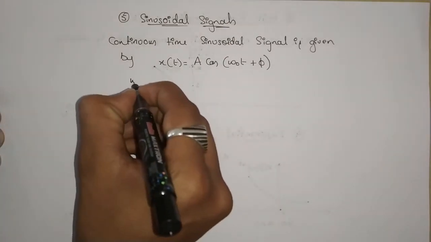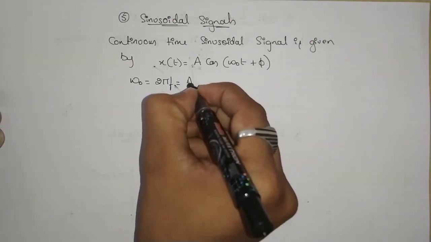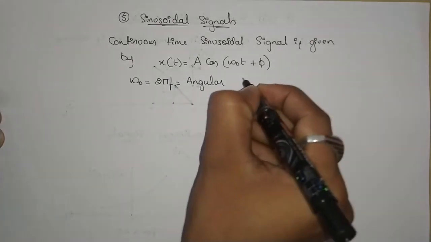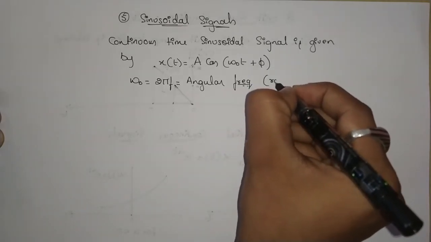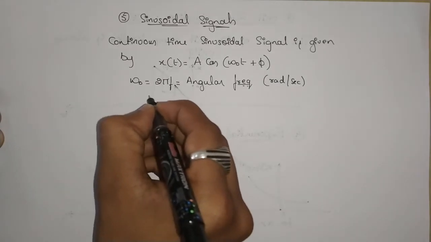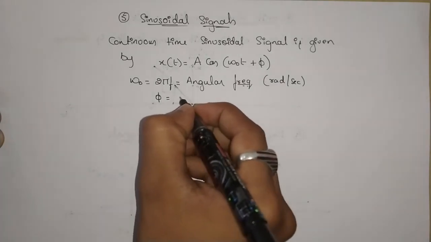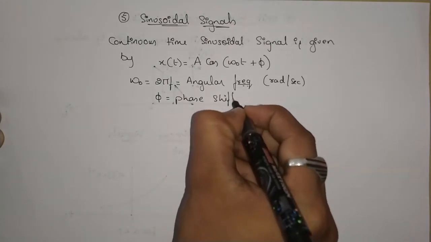where omega naught is equal to 2 pi f. We call it angular frequency, which is in terms of radian per second, and phi is phase shift.